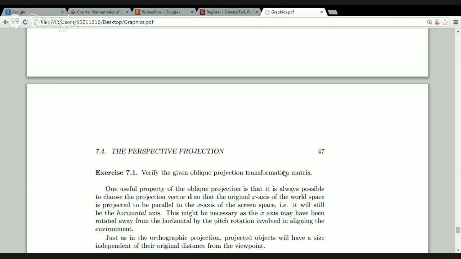And these values agree with those produced by the given matrix in the notes. If you look at that given matrix, it was the matrix with 1, 0, minus dx over dz, 0; 0, 1, minus dy over dz, 0; then 0, 0, 0, 0; and 0, 0, 0, 1.